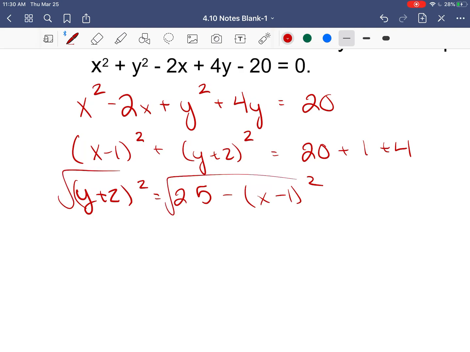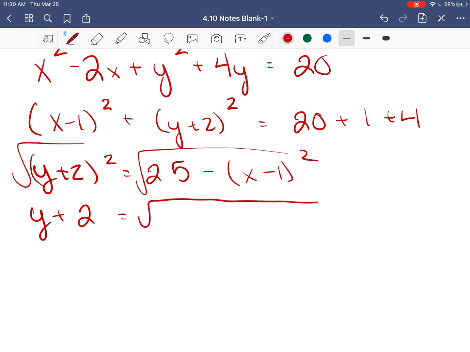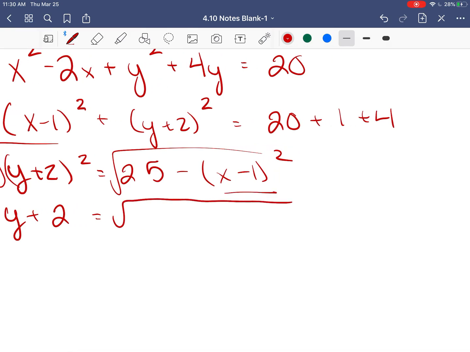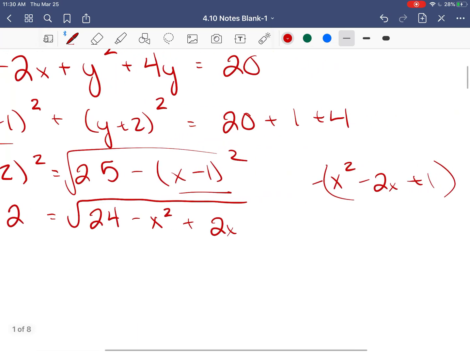I'm going to take the square root of both sides and end up with y plus 2 is equal to, in our brackets, I'm going to square this and simplify. We'll end up with 24 minus x squared plus 2x, because we would have got x squared minus 2x plus 1 and we'd have subtracted that.